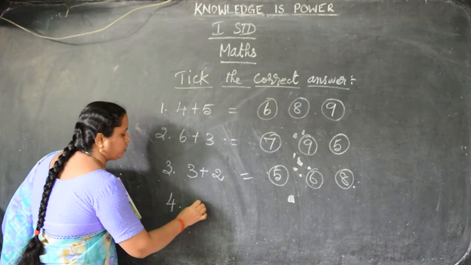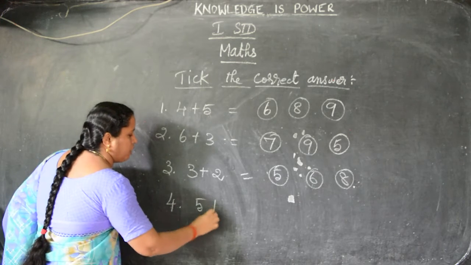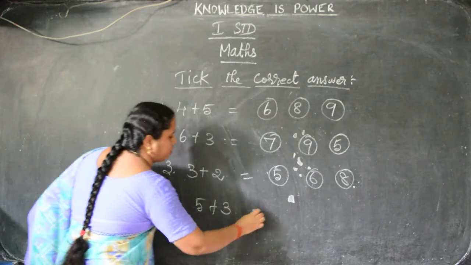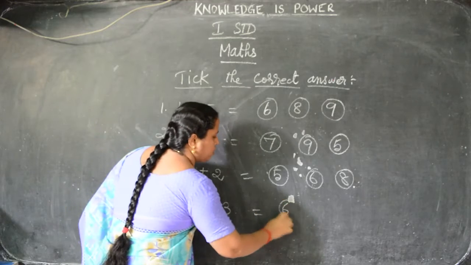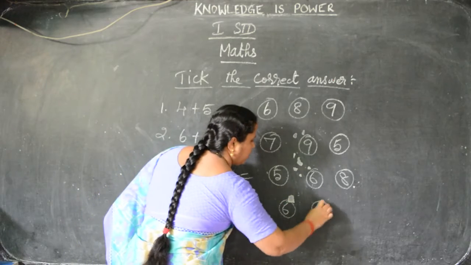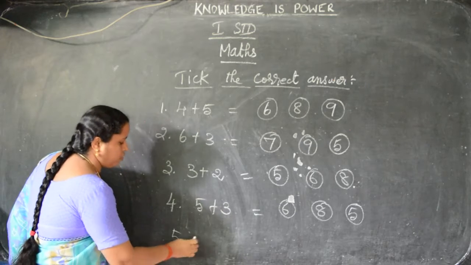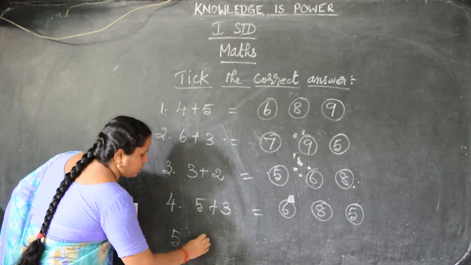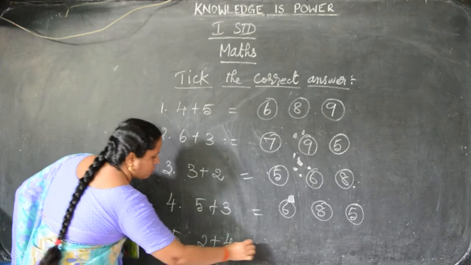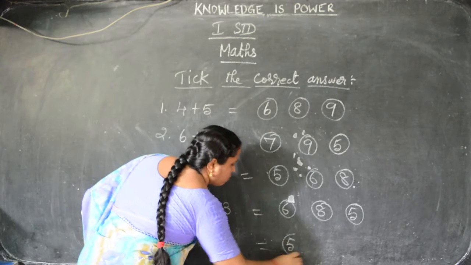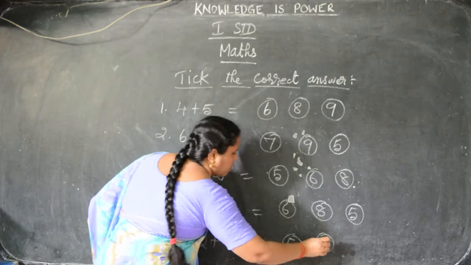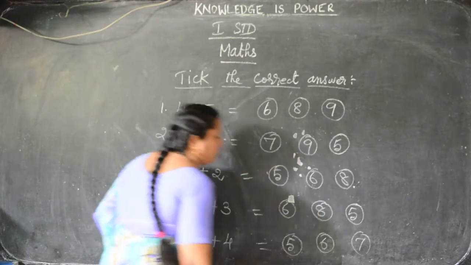Fourth one, 5 plus 3. 6, 8, 5. Next, fifth one, 2 plus 4. 5, 6, 7.